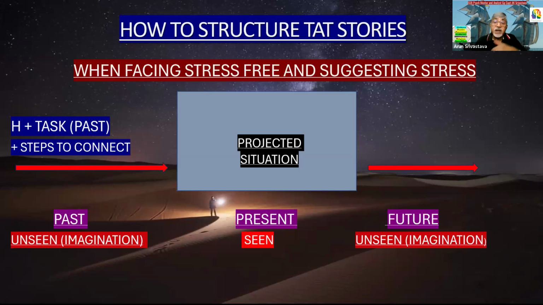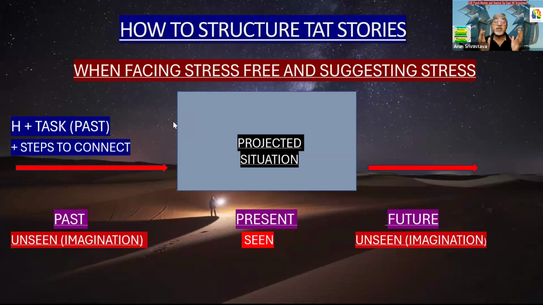Because in the past, you have to really justify the emergence of the task. There has to be a hero, and immediately the hero starts his strategy towards the achievement of the task. So here, hero, task, and a few steps will be the part of the past, and those few steps are visible in the present situation.